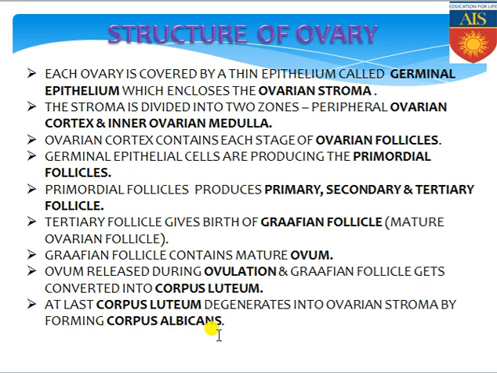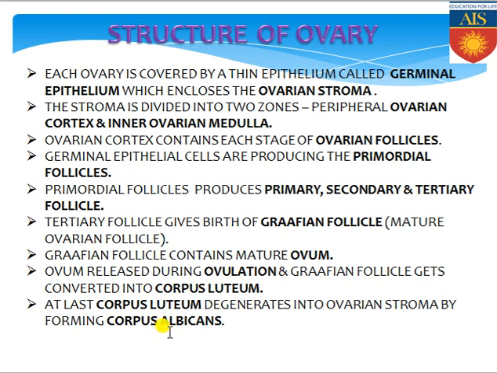Keep it in your mind, the corpus luteum is yellow in color, and when it degenerates, it is converted into the corpus albicans, which is white in color.